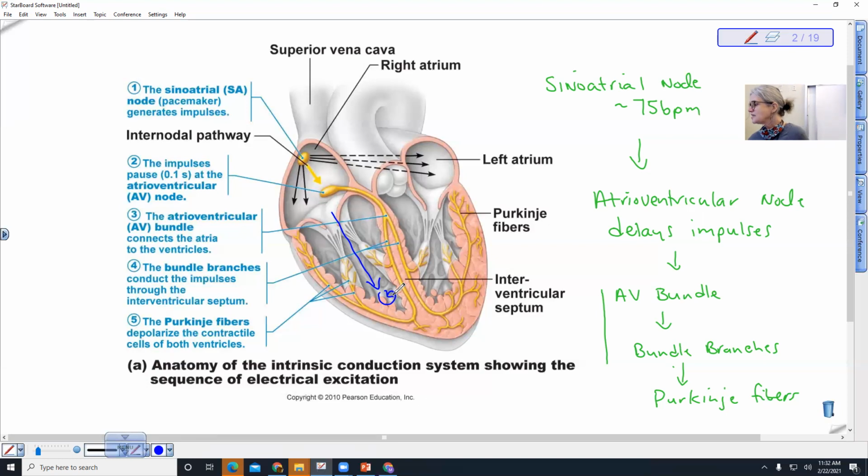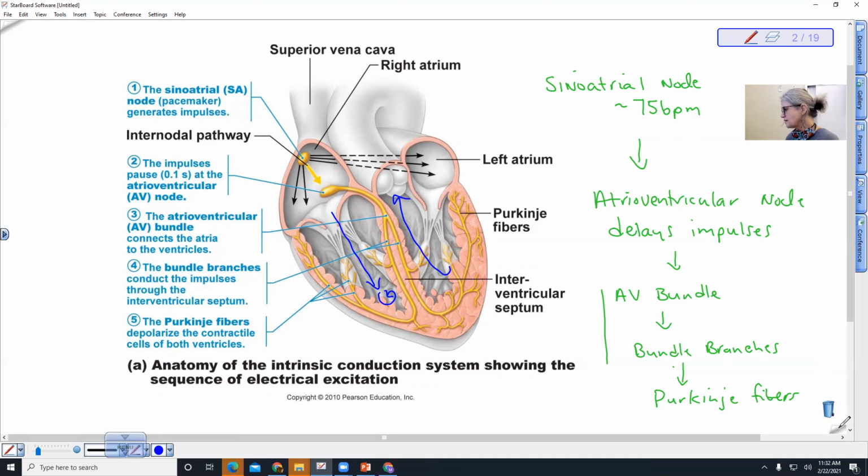So what we want is the blood to simply be pumped up and out. And in order for that to occur, the ventricles must start contracting from the bottom up. And that is just a really important part of this conduction system.